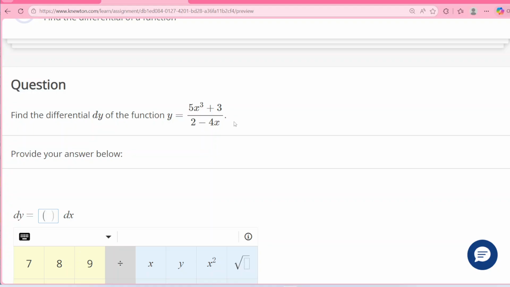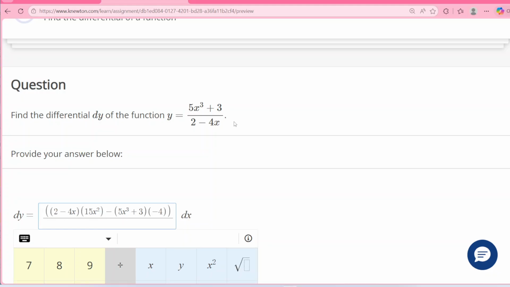So up top, big set of parentheses. So up top, you got the denominator, 2 minus 4x, times the derivative of the numerator, which would be 15x squared, and then minus the numerator in a set of parentheses, 5x cubed plus 3, times the denominator's derivative, which would be negative 4.